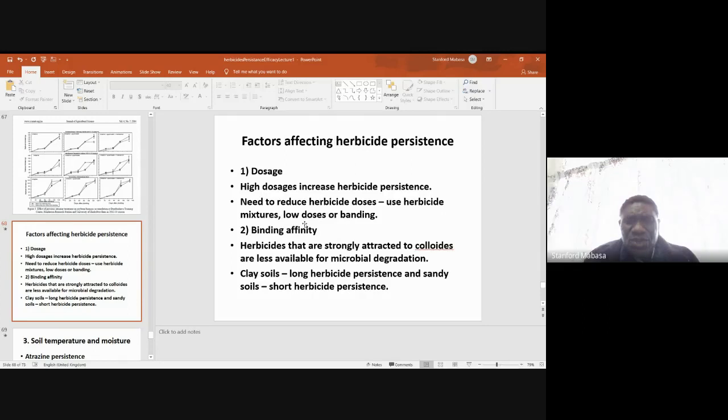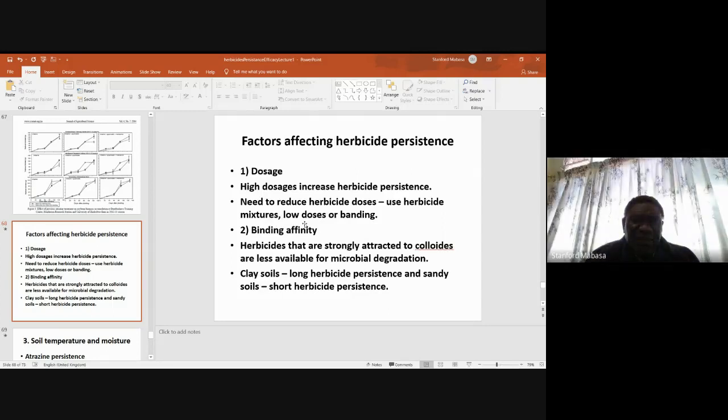We have to do it using herbicide mixtures, low doses deliberately, or blending. So we can play around with the dosage so that we can control herbicide persistence.